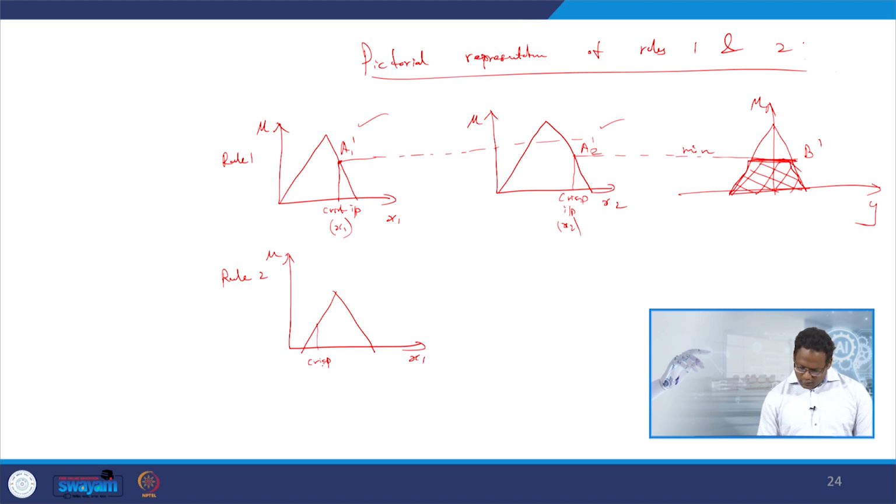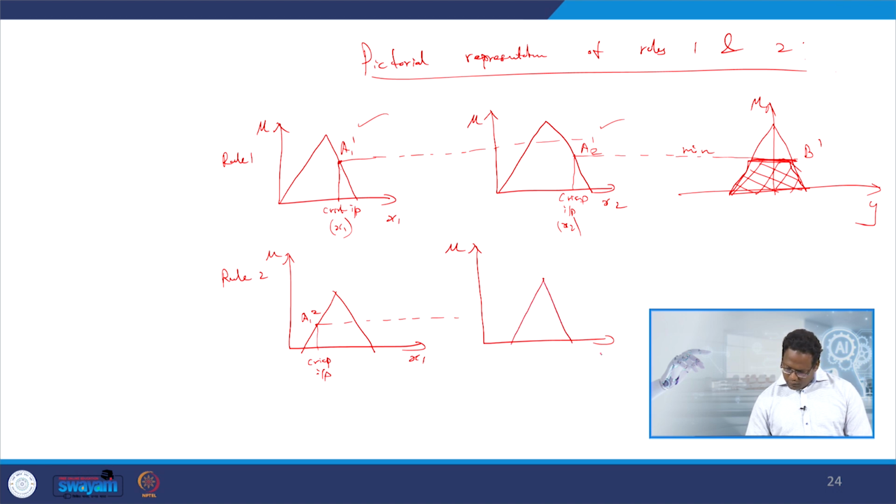let us say this is the crisp input, that leads to A12, the membership function value corresponding to that x1 input. Now, we have for input x2, for that corresponding crisp input of x2, we have the output that is coming out to be A22.